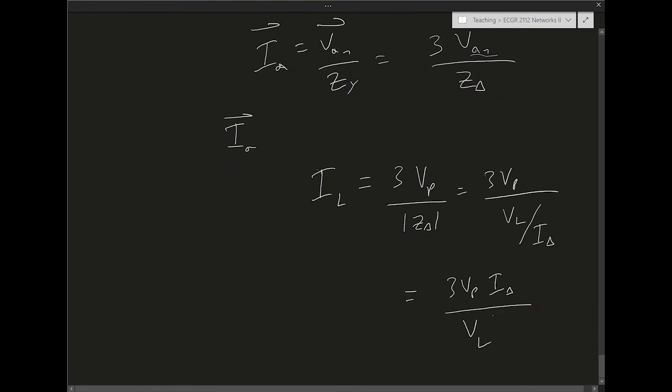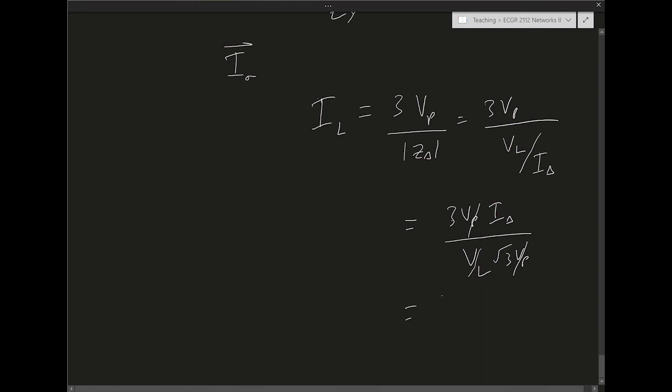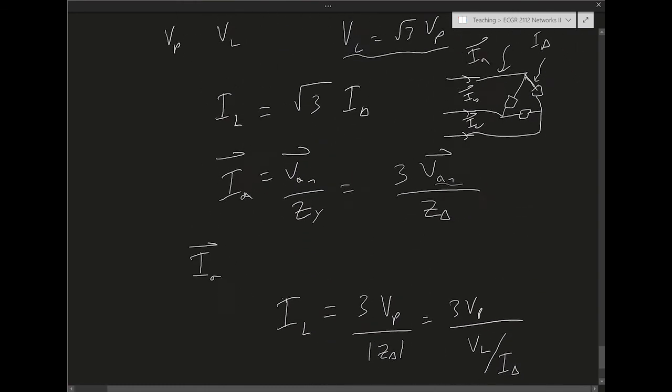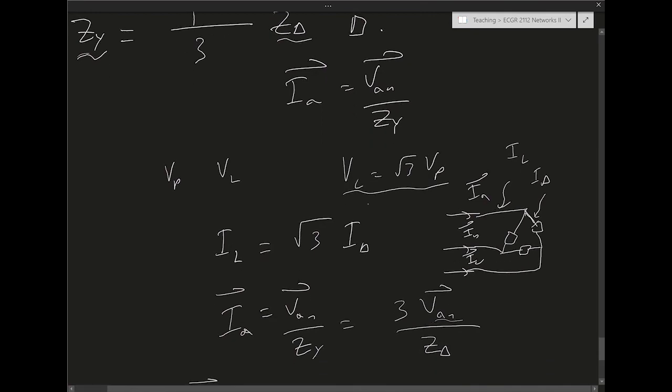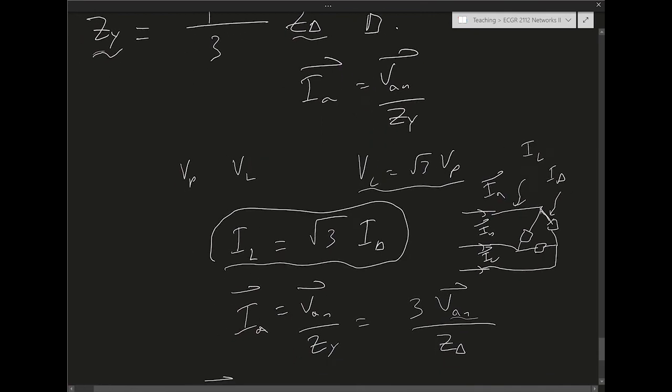We know the relationship between VL and VP: VL is just square root of 3 VP. So VP cancels with VP, and 3 over square root of 3 gives me square root of 3 times I delta. So I just proved this expression here. Okay.